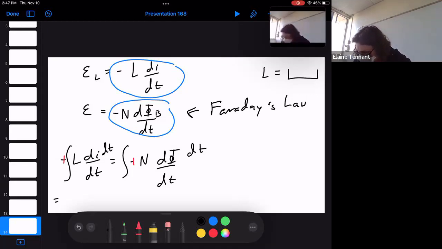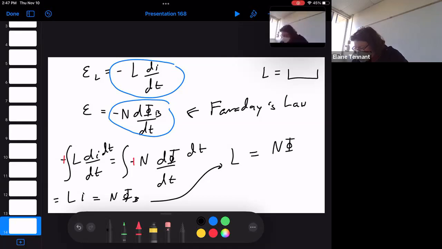So over here, I'm going to have my inductance, which is just a constant, times the current. And then on the other side, I'm going to have the number of loops of whatever I'm talking about as a constant times the magnetic flux. Okay, which brings us to exactly where we want it to be, where the inductance of anything is equal to the number of loops times the magnetic flux divided by the current that you're sending in.